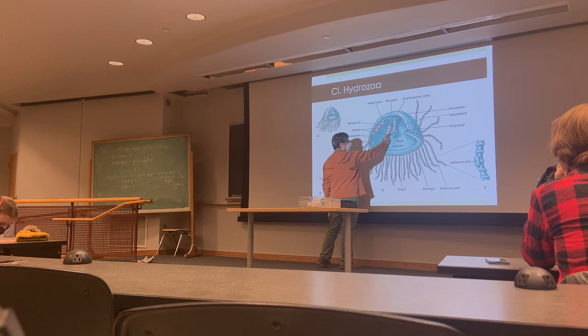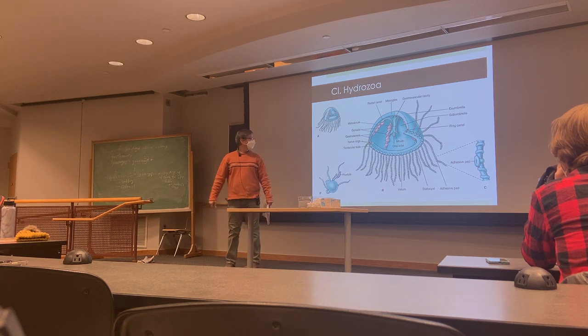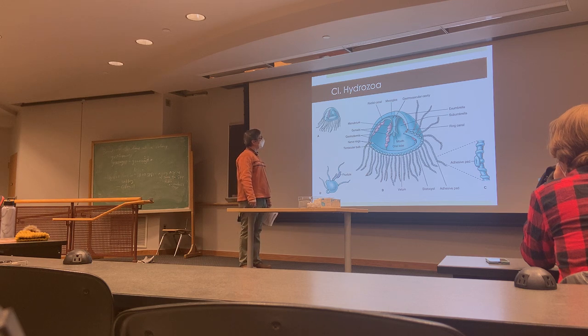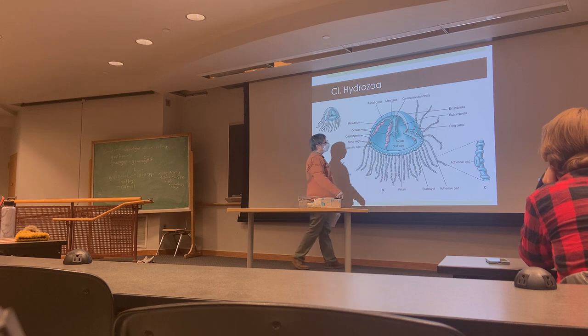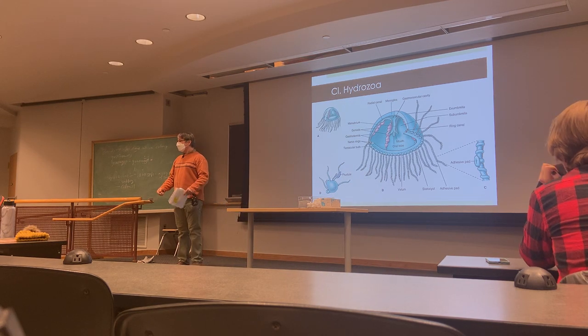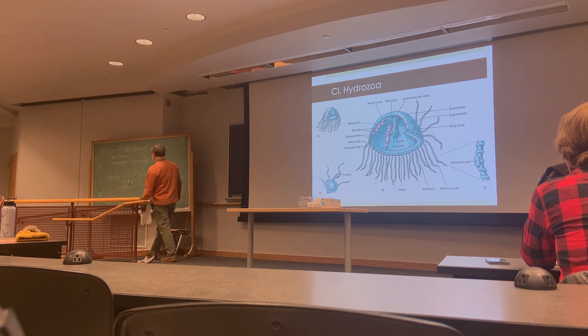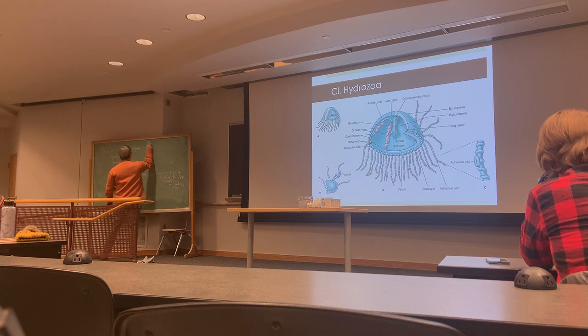Otherwise, medusae have a mouth with lobes around the mouth. Other medusae often can have these oral lobes. It leads into the gastrovascular cavity. And then there are typically 4 radial canals.